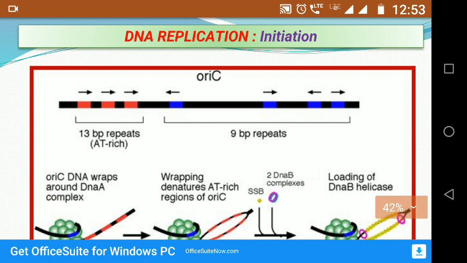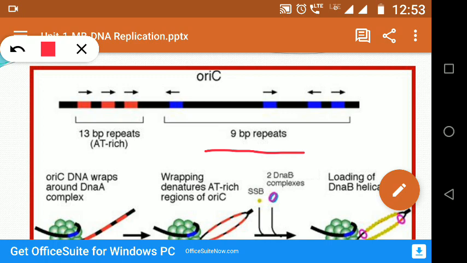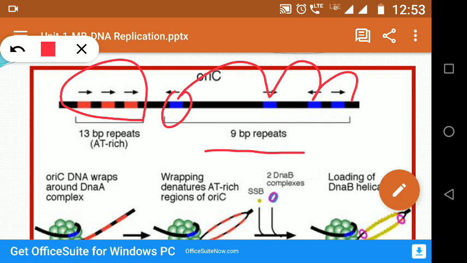This OriC will have 2 regions. One region has 9 base pair repeats. That means a 9 base pair sequence will be there, and that same sequence will be here, here, and here. So we have 4 subregions which have the same 9 base pair sequence. Besides this, it has 3 more sequences which are 13 base pair repeats, which are AT rich sequences.